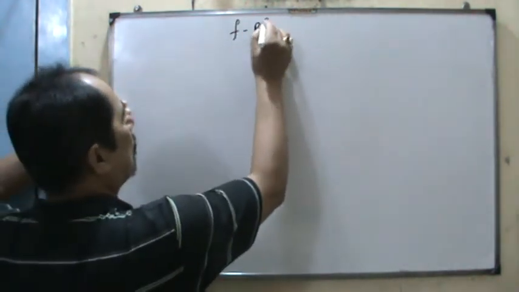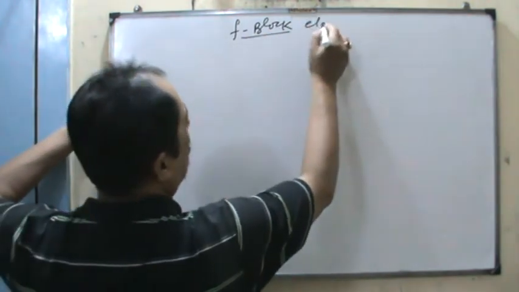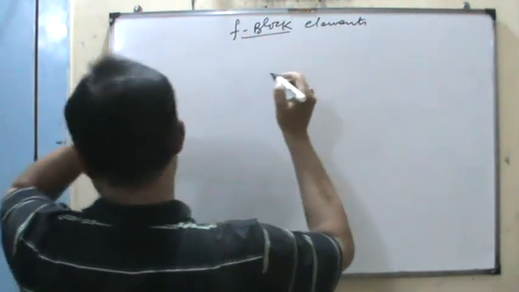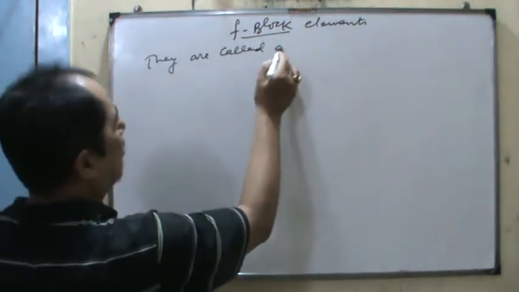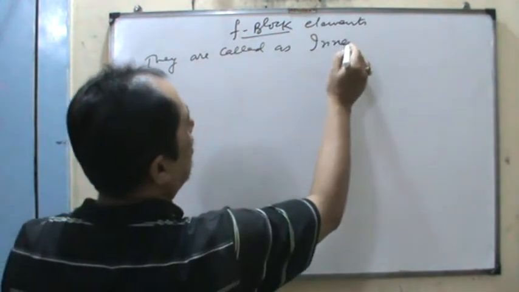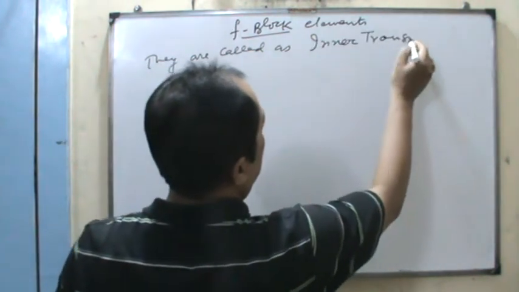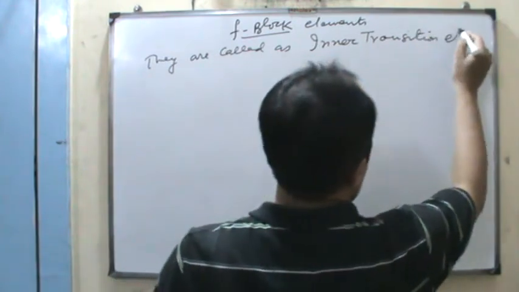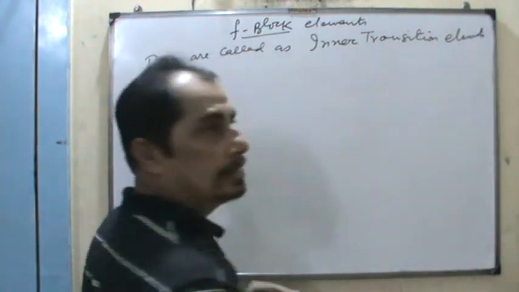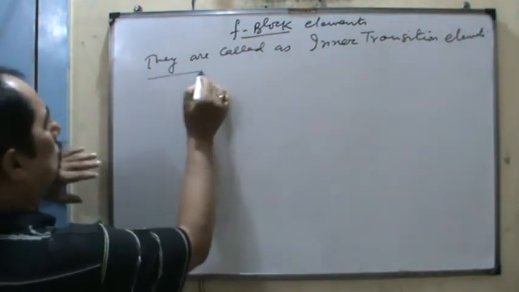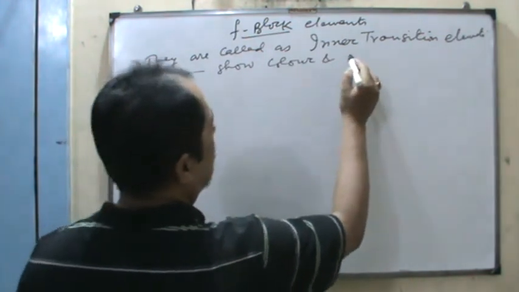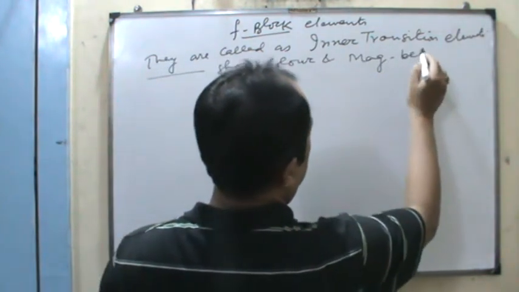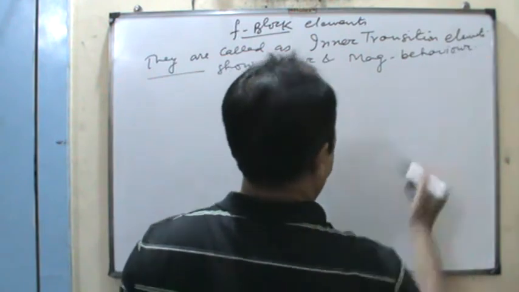So dear students, F block elements are called inner transition elements. They also show color and magnetic behavior.